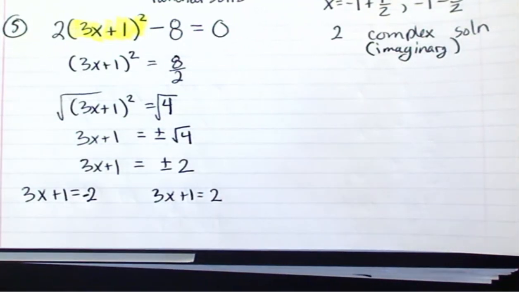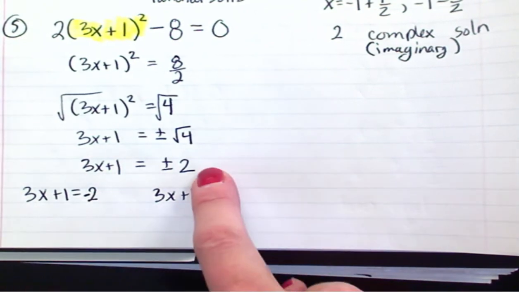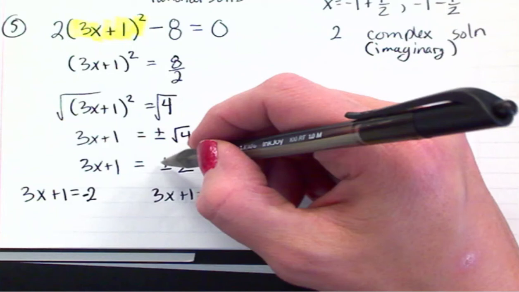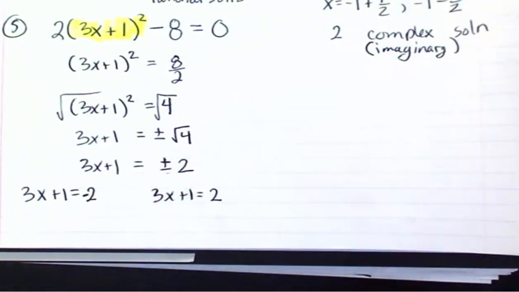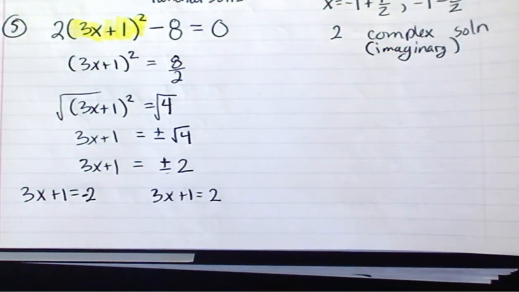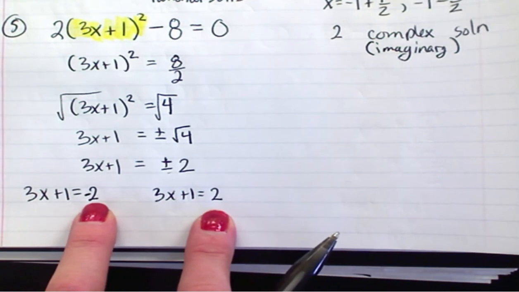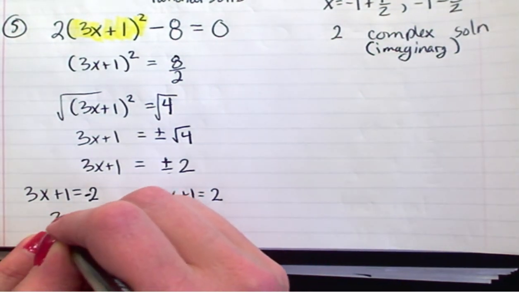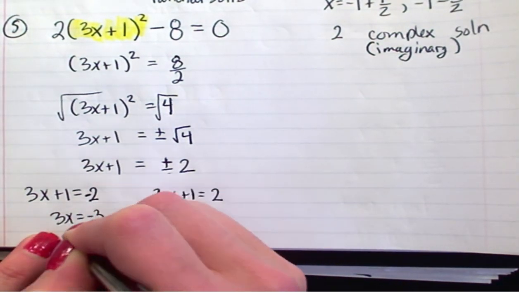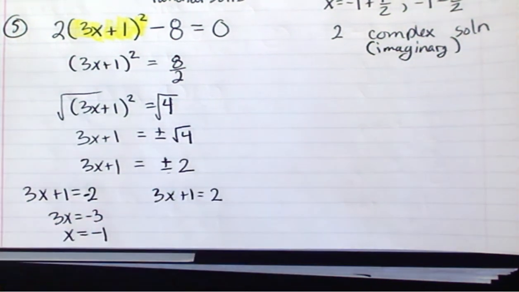Only with the i, it didn't matter because there were no like terms to combine. But here, I was about to minus 1, but minus 1 from what? Plus 2 or negative 2? Well, you would need to do it for both of them, but you're going to get different answers. So when I minus 1 here, I get negative 3, which turns into negative 1.